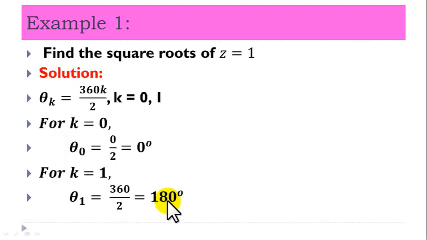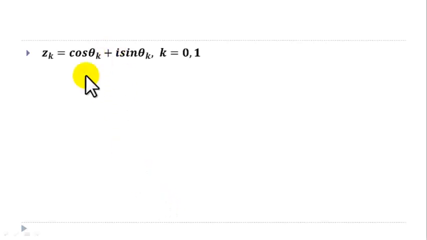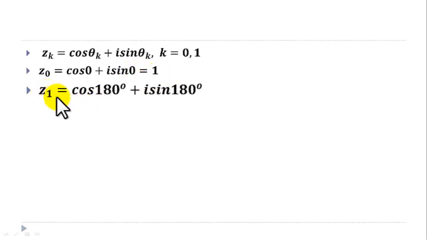So therefore, the square root of unity are zk equals cos theta k plus i sin theta k for k equals 0 and 1. For k equals 0, we have z0 equal to cos 0 plus i sin 0. Cos 0 is 1, sin 0 is 0, so that will give us 1. And for k equals 1, we have z1 equals cos 180 degrees plus i sin 180 degrees. 180 degrees is in the second quadrant.